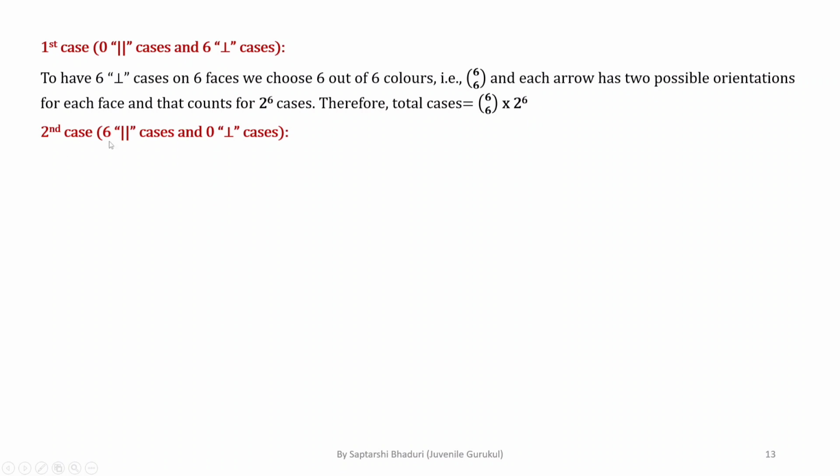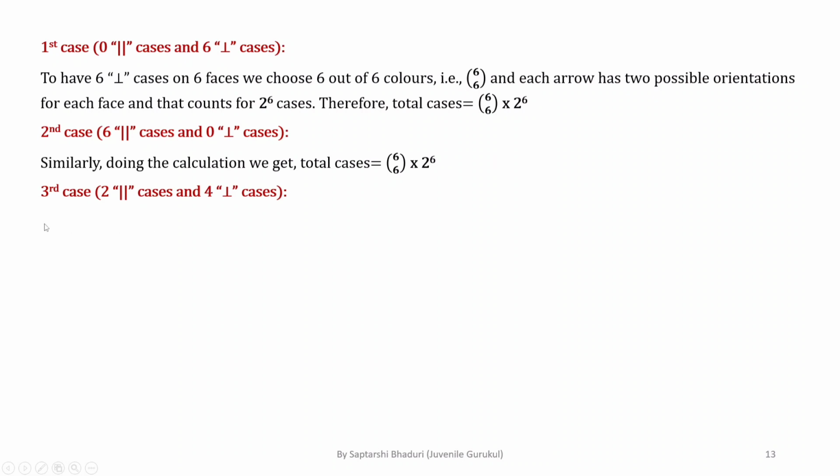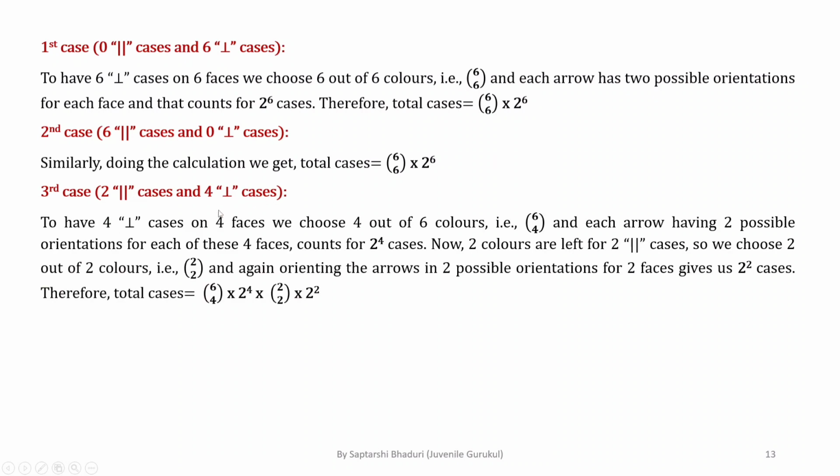Second case is 6 parallel cases and 0 perpendicular cases. It is a similar case, so doing the calculation, we again get 6 choose 6 times 2 to the power 6 total number of cases. Third case is 2 parallel cases and 4 perpendicular cases. To have 4 perpendicular cases on 4 faces, we choose 4 out of 6 colors. That is 6 choose 4, and each arrow has 2 possible orientations for each of these 4 faces, so that counts for 2 to the power 4 cases.